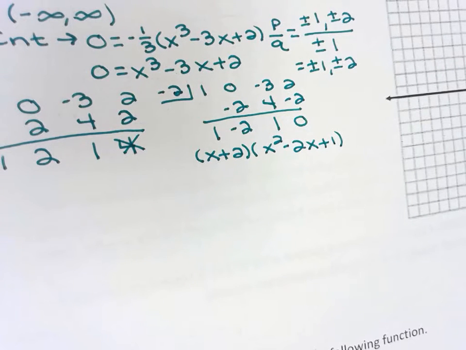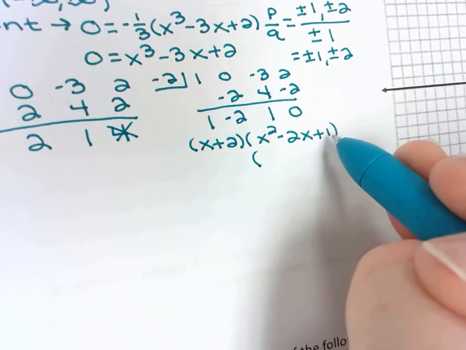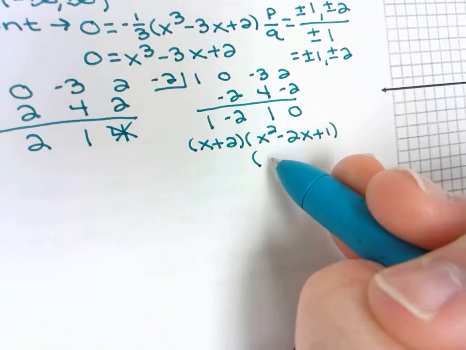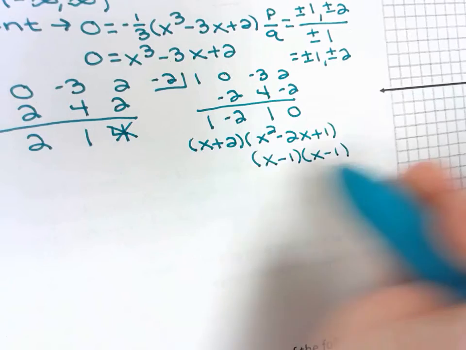So we had to do the rational root theorem to find a possible root. Then we rewrote it. Sometimes when I rewrite it, it will be factorable. So how does x squared minus 2x plus 1 factor? Two numbers that multiply to give me 1 and add to give me negative 2: negative 1, negative 1.